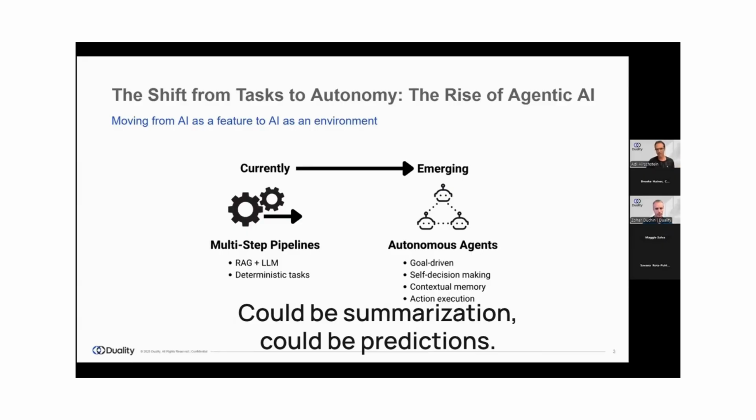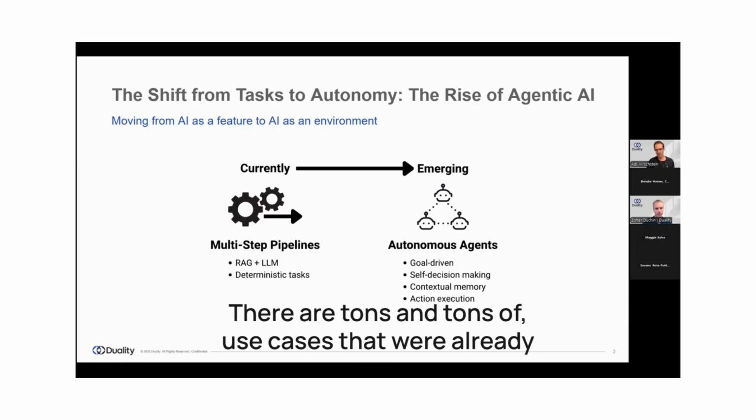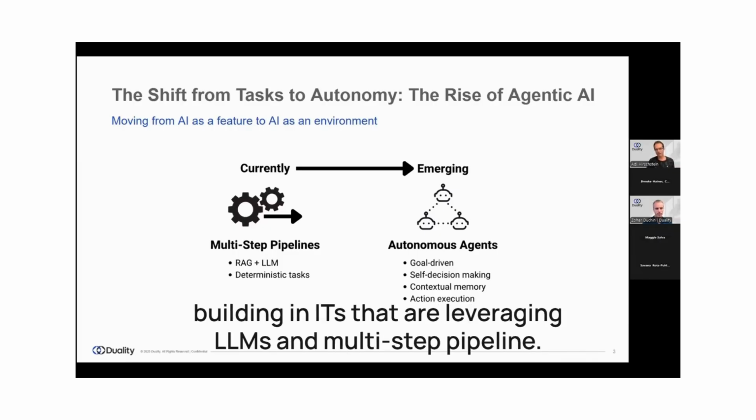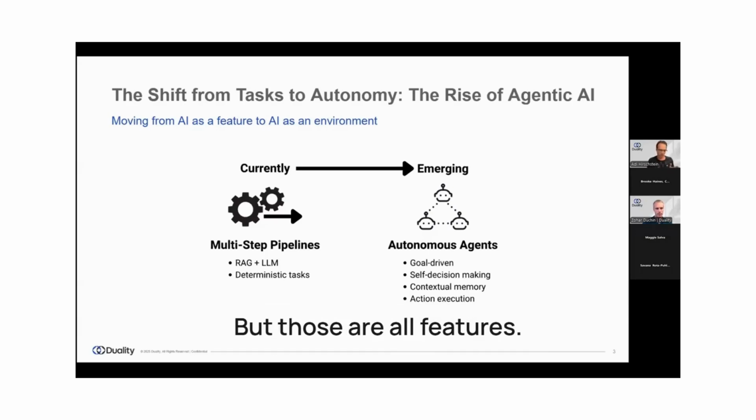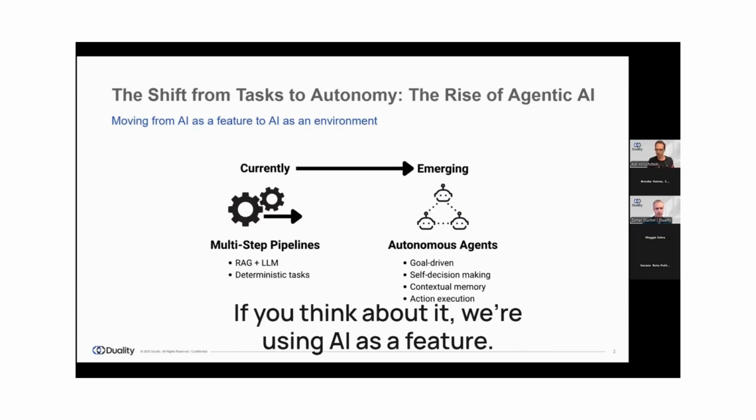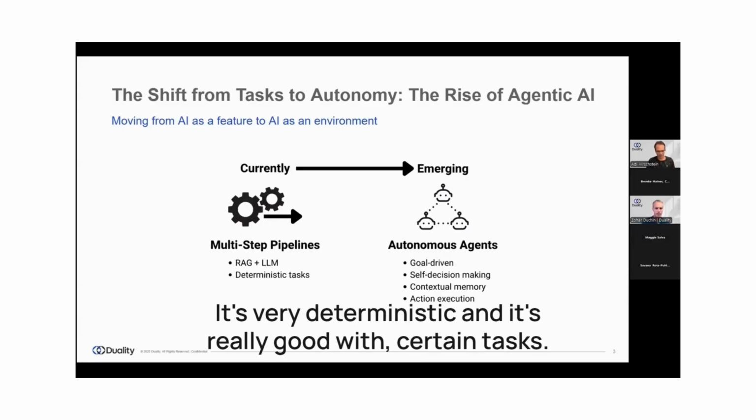Could be summarization, could be predictions, tons and tons of use cases that we're already building in IT that are leveraging LLMs and multi-step pipelines. But those are all features, if you think about it. We're using AI as a feature, it's very deterministic, and it's really good with certain tasks.